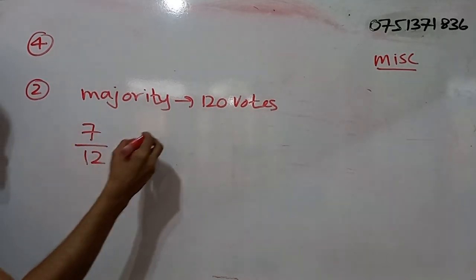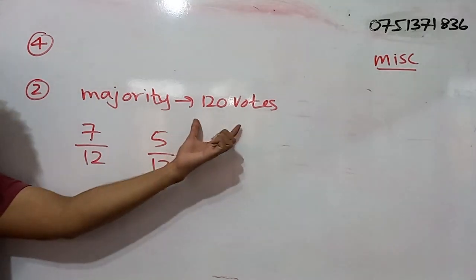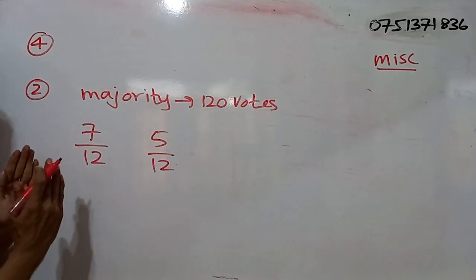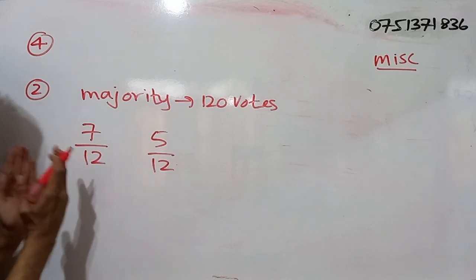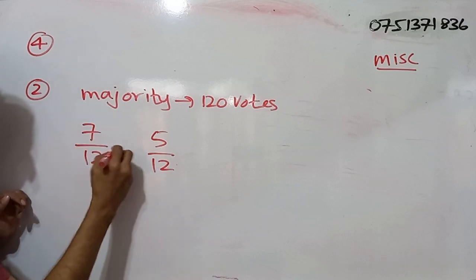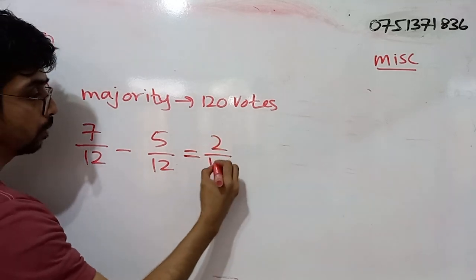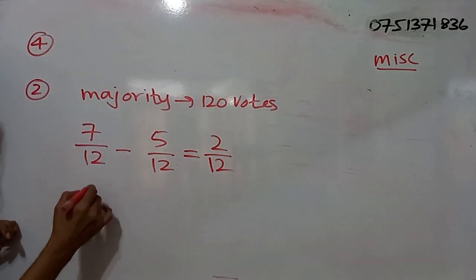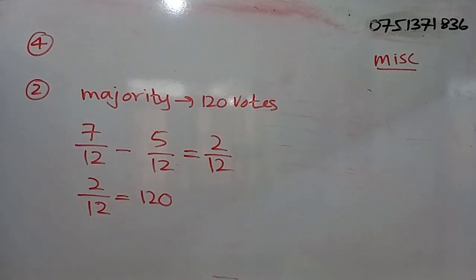The person who lost got 5 by 12. This is a majority, no? That means that is the difference between the amount of votes the winner got and the person who lost got. So when we subtract these two fractions, this is equal to 2 by 12. So 2 by 12 means this is equal to 120 votes.